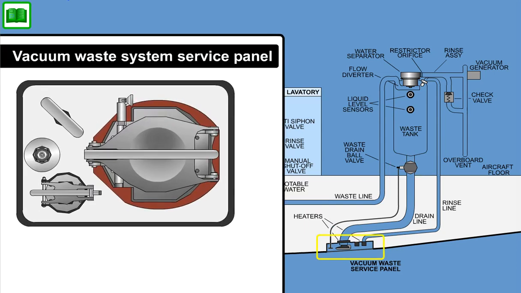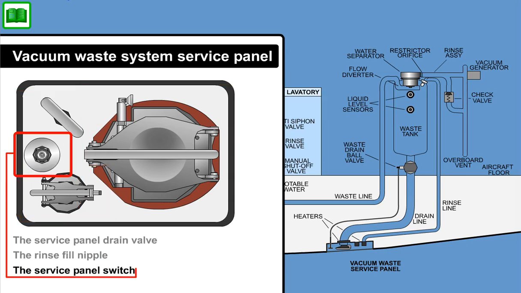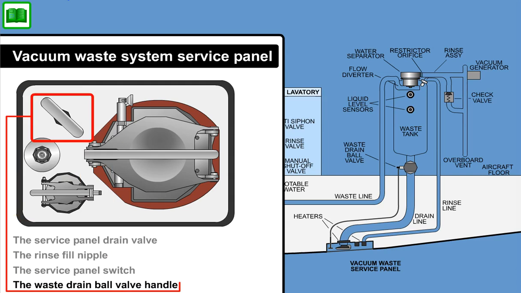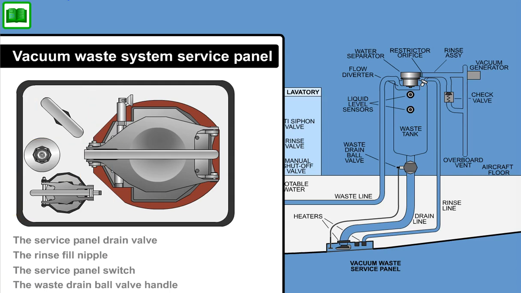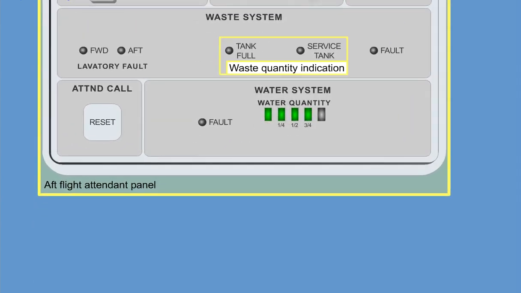The vacuum waste system service panel is installed on the rear right-hand side of the fuselage. The following parts are installed on the service panel: the service panel drain valve, rinse fill nipple, the service panel switch, and the waste drain ball valve handle. The aft aircraft flight attendant panel provides waste quantity indication and system fault indication.